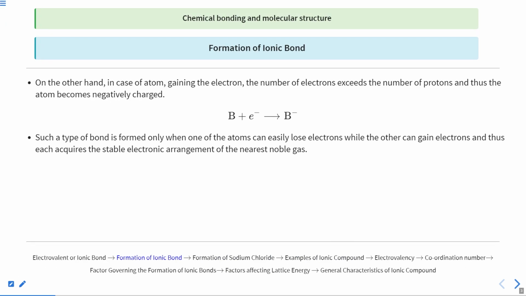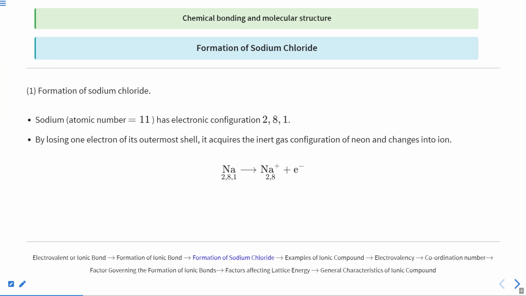Now such a type of bond is formed when one of the atoms can easily lose an electron while the other can gain an electron, and thus each acquires the stable electronic arrangement of the nearest noble gas. Now let us take a real example of sodium chloride formation. Sodium will lose one electron and become Na plus, because 2,8,1 is the configuration.